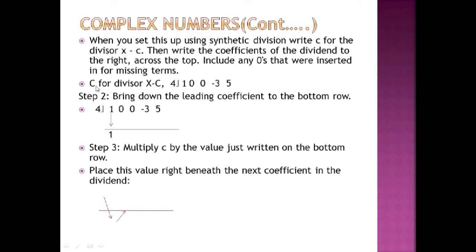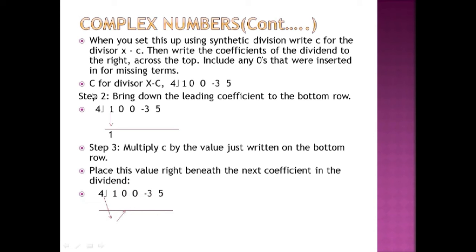You can see what I mean when we proceed in these slides. So the above equation, the divisor x minus c, c is 4 now. You put it on the left side, and then on the right side you put 1.